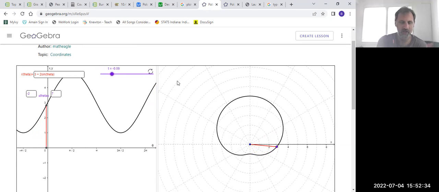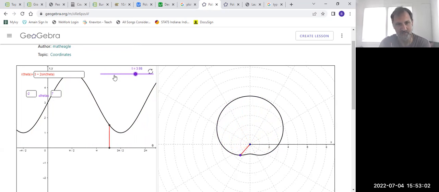This one is a tool that shows the XY version of it. So your x value, your input, is your radian measure, and your output is your radius. And so you can track through a cycle and see where these points come from. One of the things you have to do with a graph is be able to identify different points on the graph.